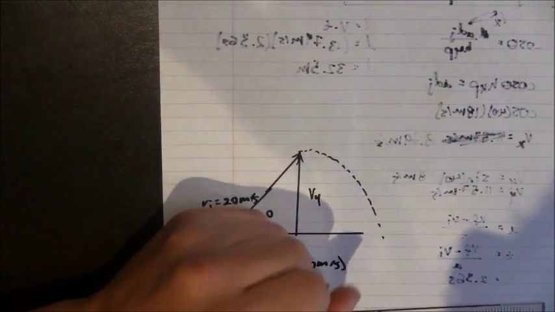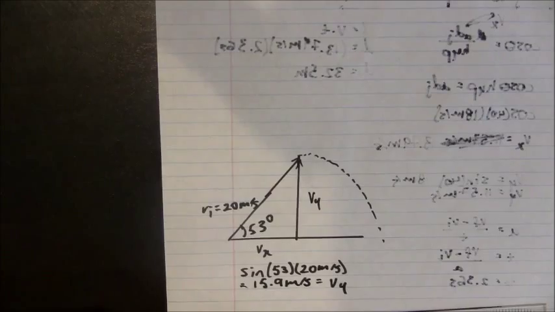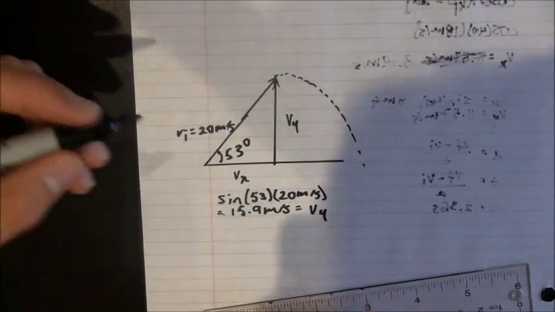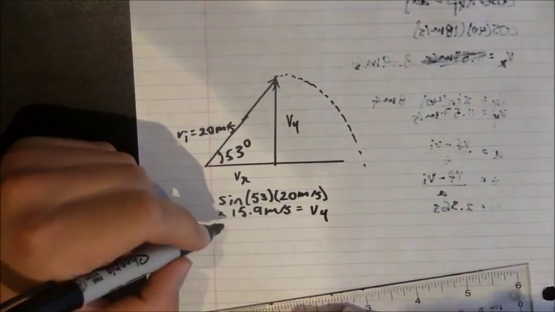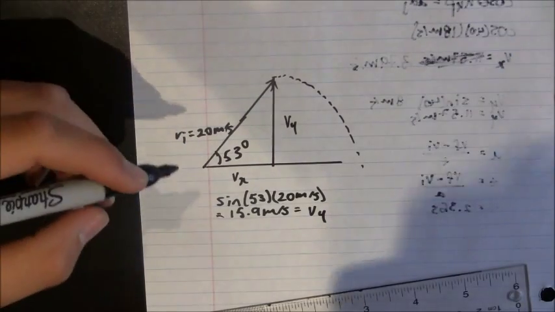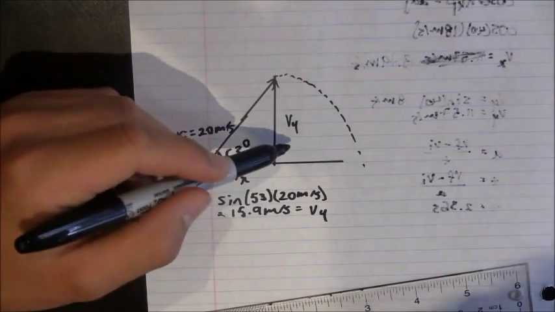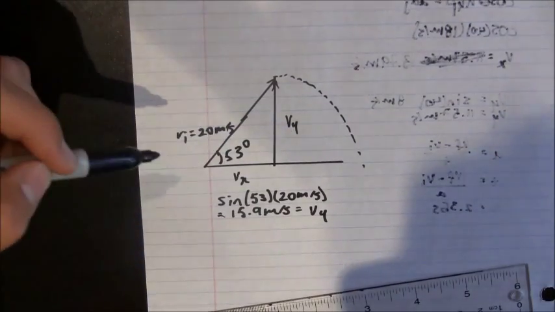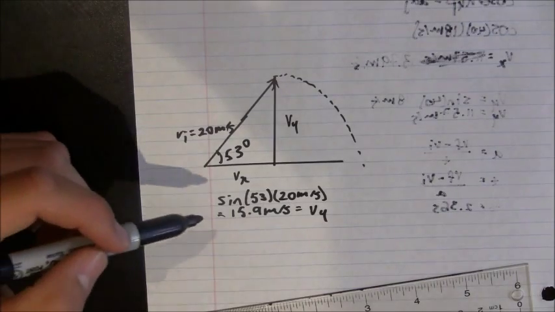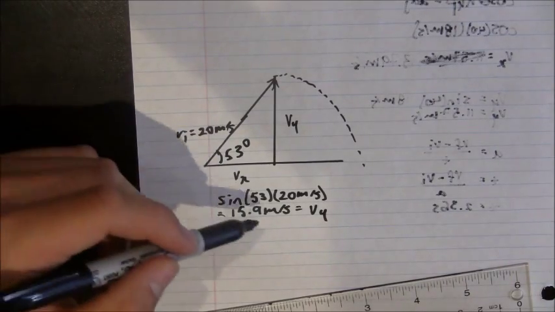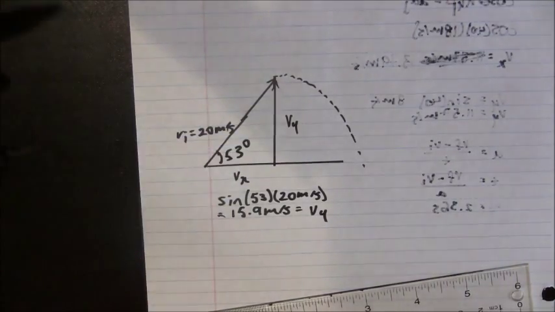Now let's find our horizontal component. And I forgot to say, we know sine is opposite over hypotenuse. If we isolate for opposite, which is Vy in this case, we'll get the sine of 53 times 20 is Vy, or opposite.